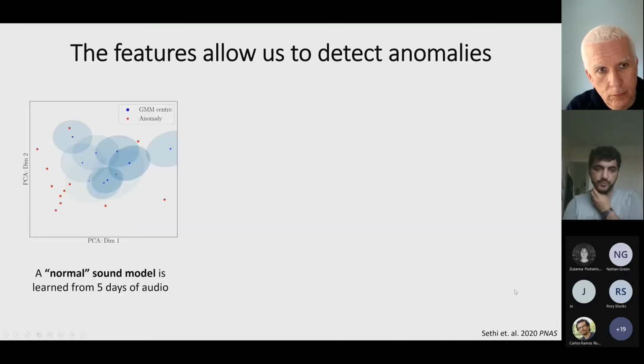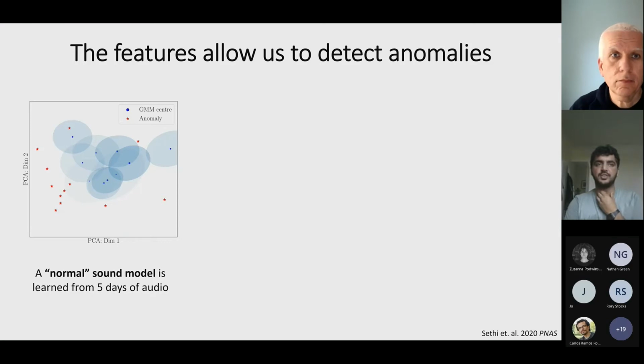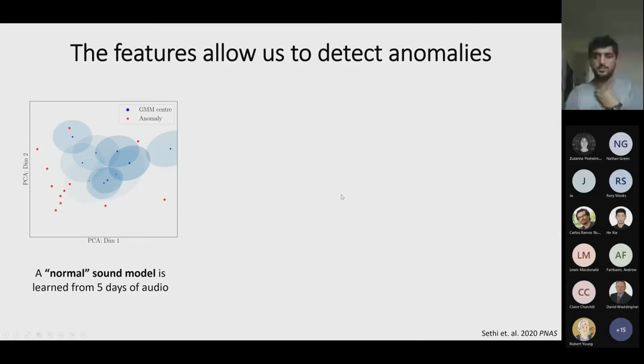A thing that nicely falls out of characterizing sounds in this highly descriptive way is that it gives you a good anomaly detection regime. So what you can do is take 5 days of audio and put them in this 128 dimensional feature space, and you can build a PDF with a Gaussian mixture model, which is what these blue ovals are representing, the centers of your mixture model.